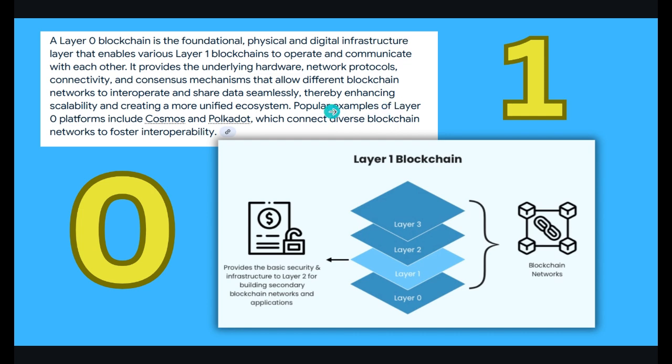Popular examples of layer 0 platforms include Cosmos and Polkadot, which connect diverse blockchain networks to foster interoperability. Now, that's a mouthful, but basically what Qubic is trying to do, and what some of these other networks try to do, is connect networks like Ethereum with Bitcoin and allow them to share information across networks. But Qubic's aiming to do that with all crypto, but also with basically everything that exists in the world, as we'll explain later in this video.